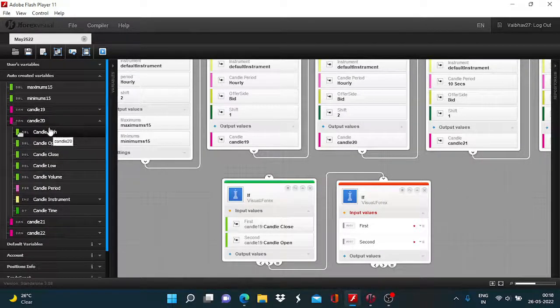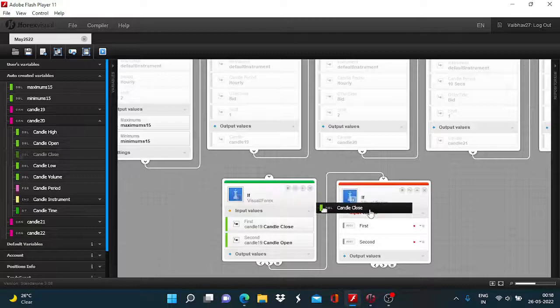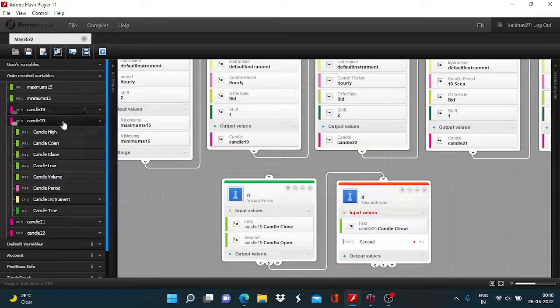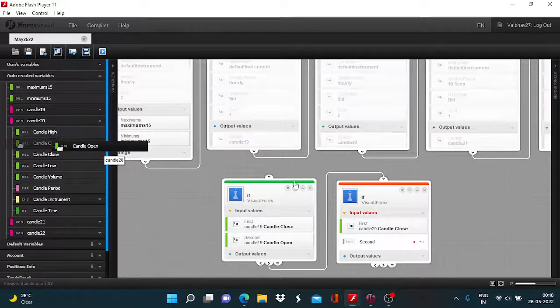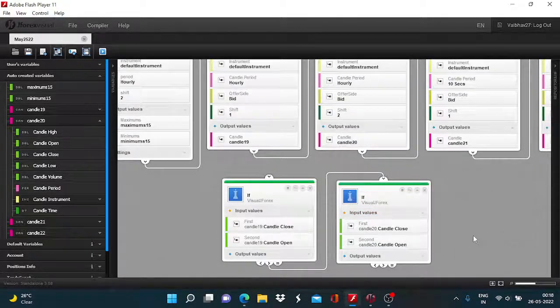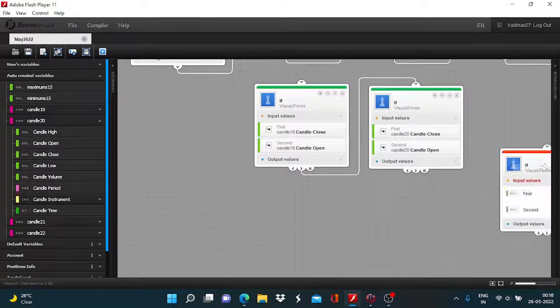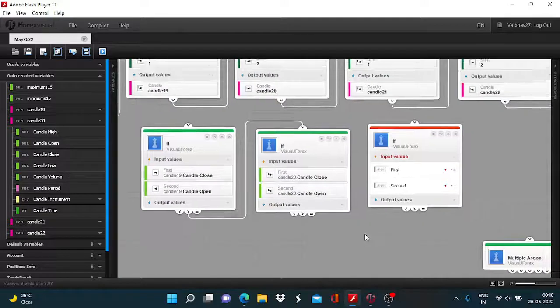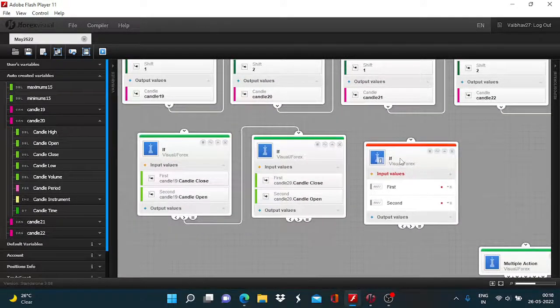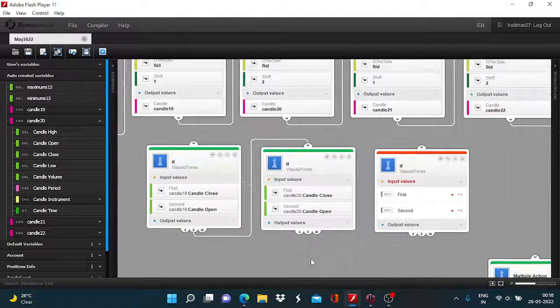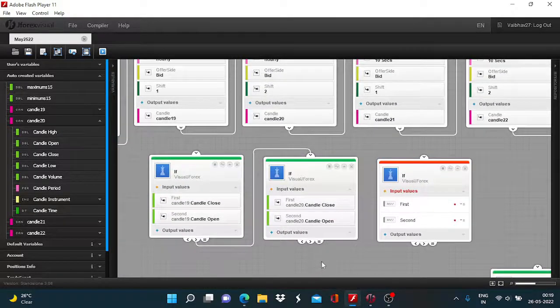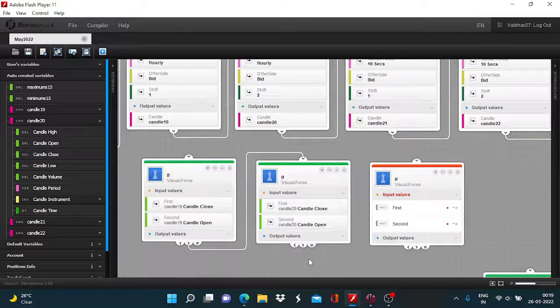So for that candle 20 candle close and candle 20 candle open will be compared, and here we have first input less than second input.